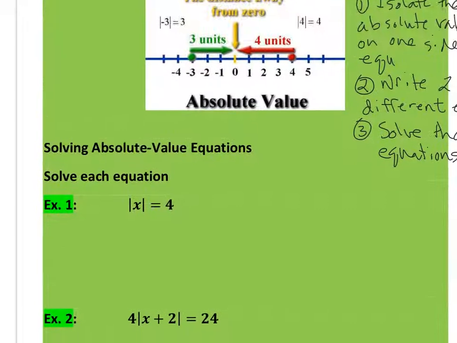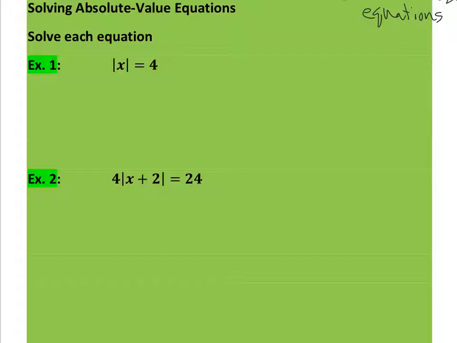So let's look at example number 1. It's a pretty simple example. It's essentially saying for what value of x, or for what number, is 4 units away from 0 on the number line. So wouldn't you agree that if we're looking at the number line, and here's 0, if we go 4 to the right of 0, 1, 2, 3, 4, that places us at the number positive 4.